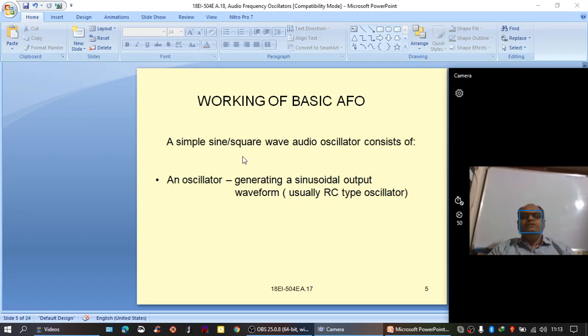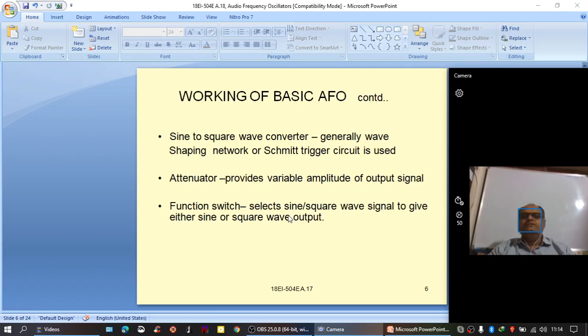A simple sine or square wave audio oscillator consists of an oscillator generating a sinusoidal output waveform, usually RC type oscillator. Sine to square wave converter. Generally, wave shaping network or Schmitt-Trigger circuit is used for this sine to square wave converter.